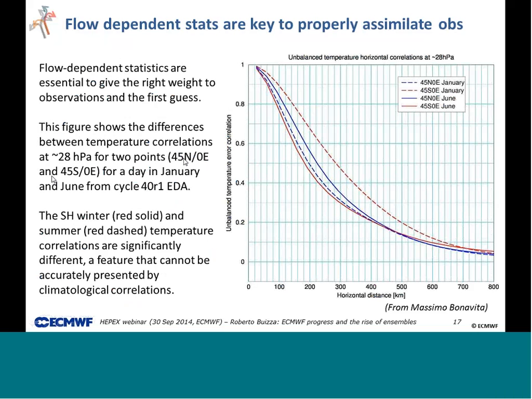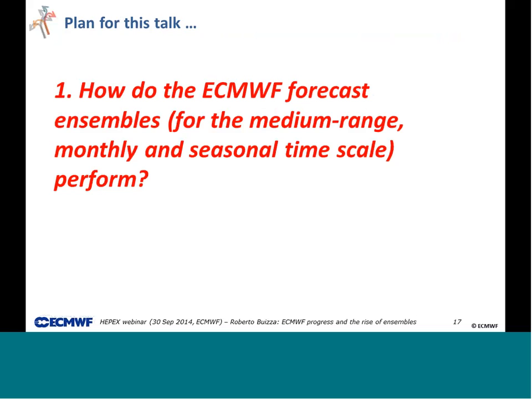One is 45 north and one is 45 south on the Greenwich meridian. So you can see that the statistics are not the same. They change with the time of the year. They change with the location of the point. This flow dependency in the estimation of the weights to give to the background is essential to be able to make better use of the observations that we collect daily.